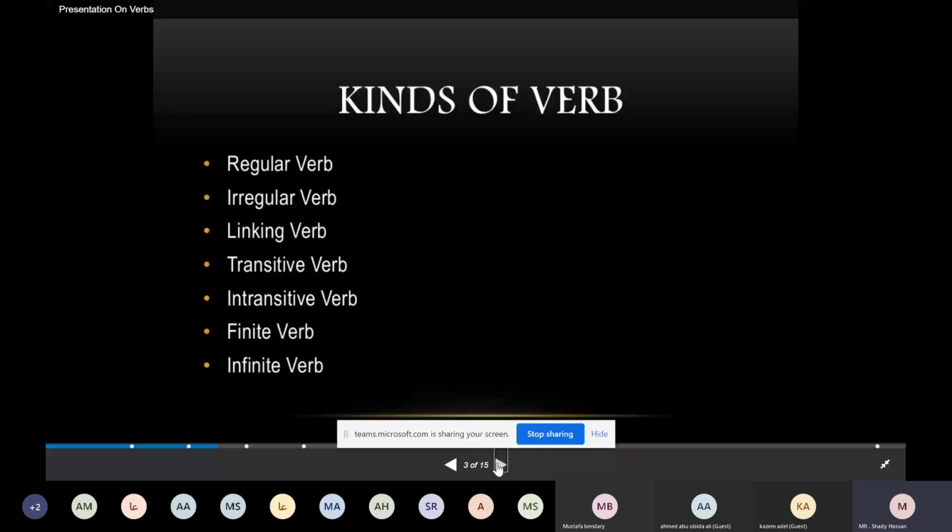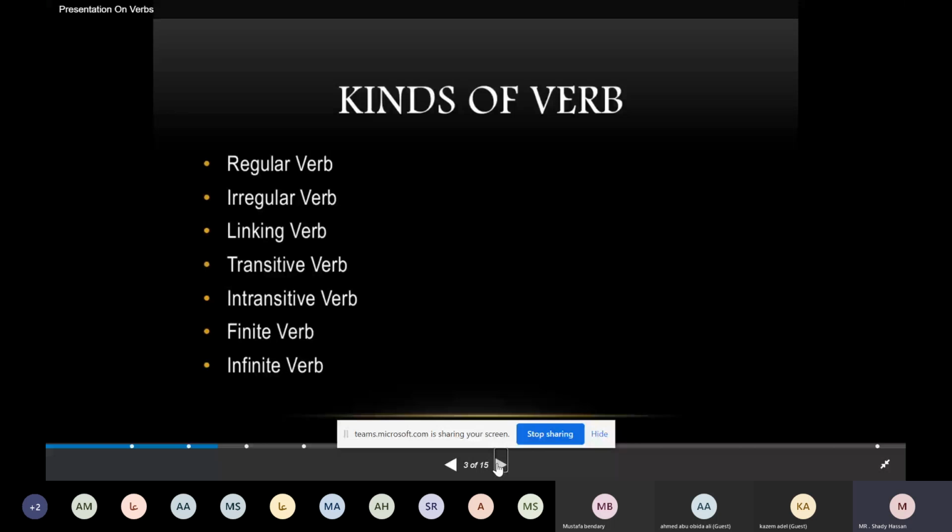So this is a regular verb because when you get the past tense, you add ed, and when you get the third form, you also add ed: played. So they are regular verbs because they have a rule.